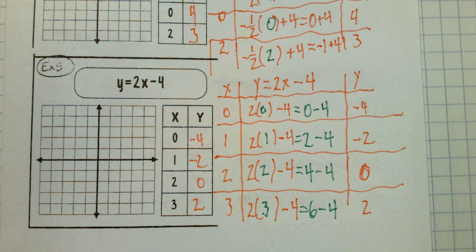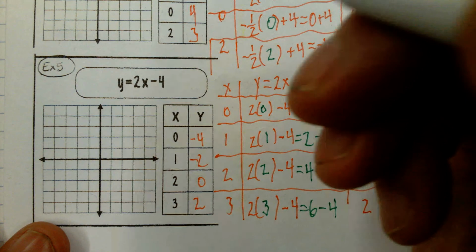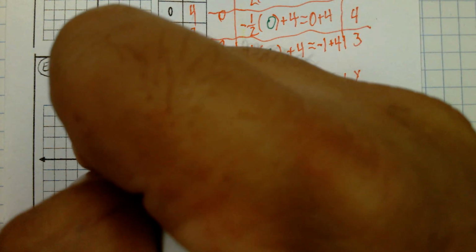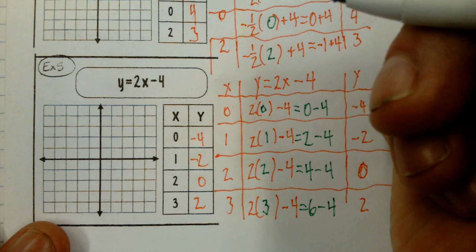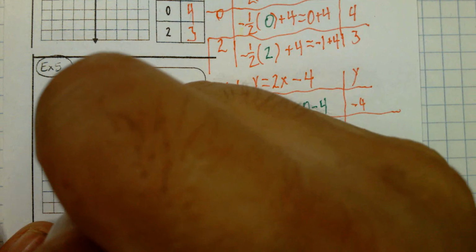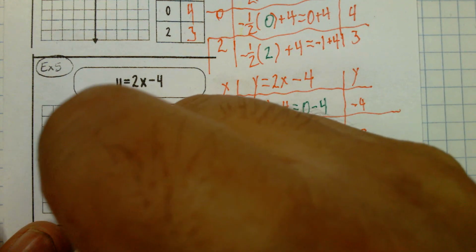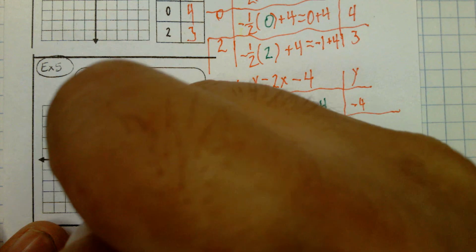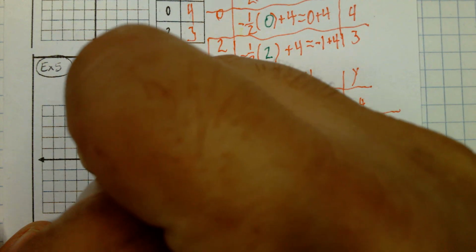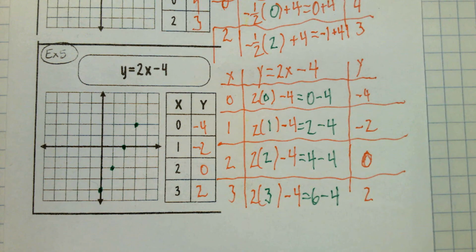And then you would plot that. And those are the points you would get for your line.